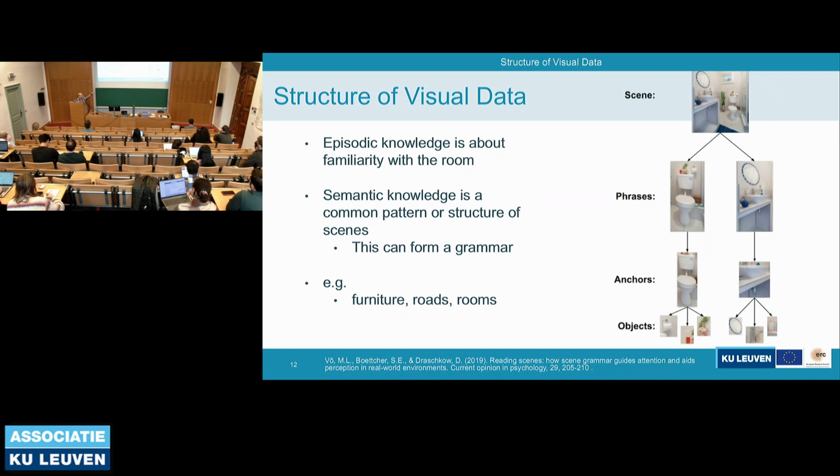And they always started with these central phrases. So here the toilet phrase or the sink phrase, and then you have the anchor object, so the main object of that phrase, and around that the essential items are placed, like toilet paper and the mirror. So this is also very interesting work by Melissa Fau that we looked at.